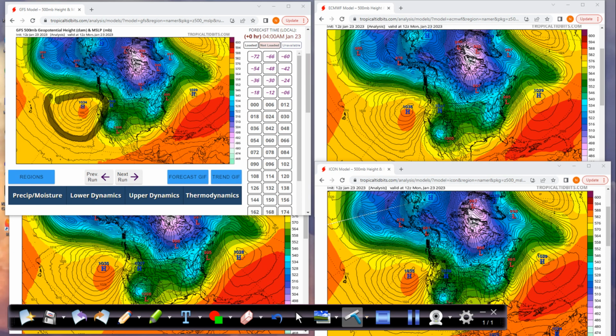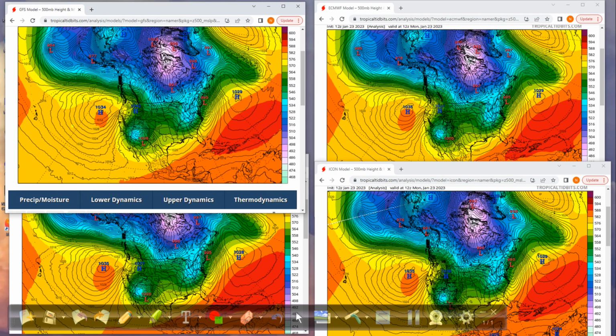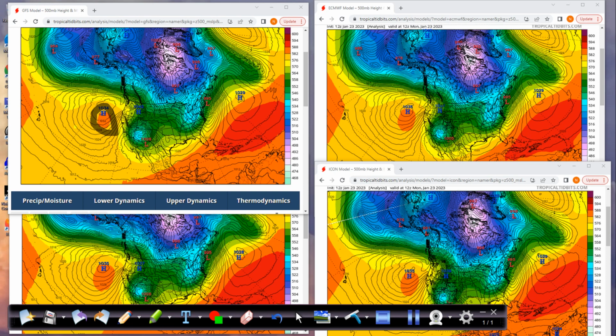It is approximately the same. This one was actually slightly bigger, so I'm making it a little smaller. All right. So anyway, you see that the U.S. model doesn't have this ridge as strong as the others. It's close. It's just not as strong, and that tends to happen on the U.S. model. It tends to have weaker ridges, and the other models tend to be a little stronger and a little more accurate.